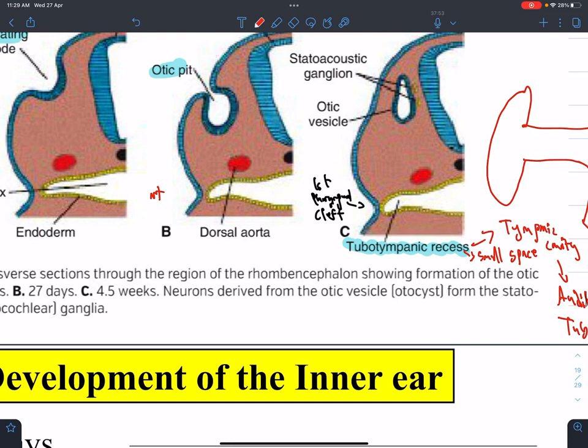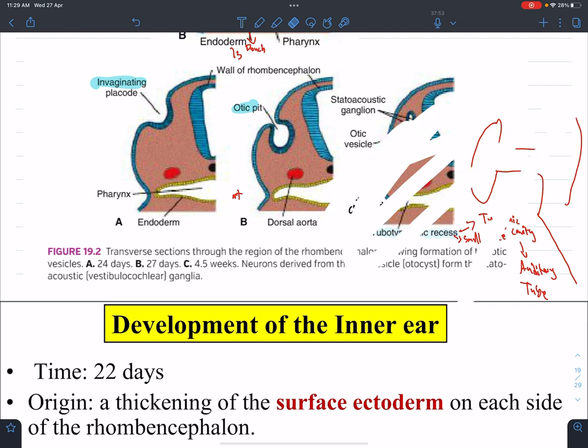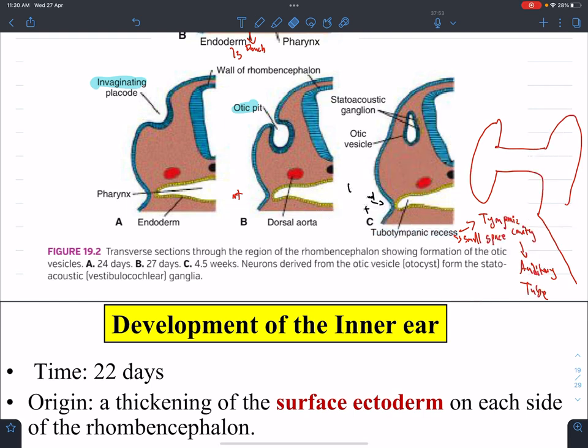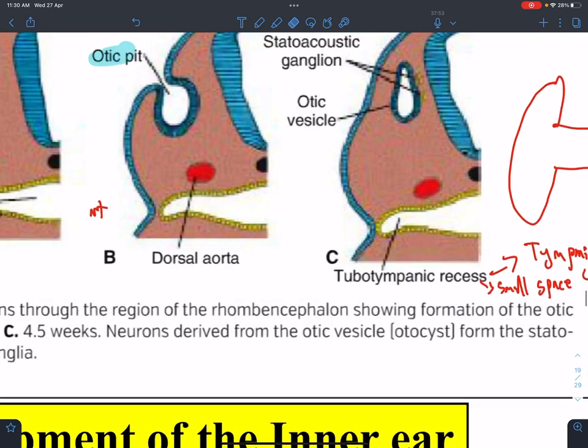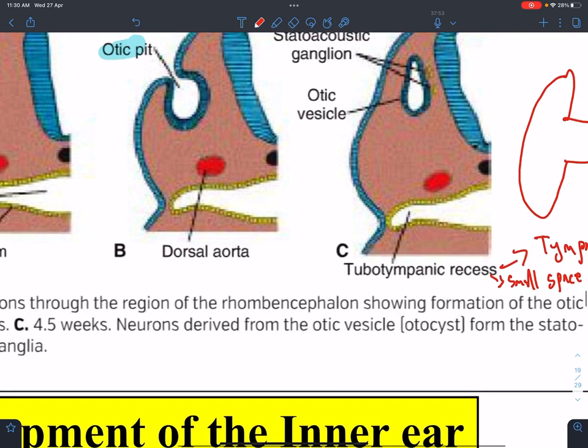So what about the pharyngeal cleft? The first pharyngeal cleft, the blue color that came in contact with the pharyngeal pouch, is going to give you the external ear, all right? So if we were to remove all of this real quick, I told you the first pharyngeal cleft ectoderm is going to give you the external ear. It's going to give you the external acoustic meatus.